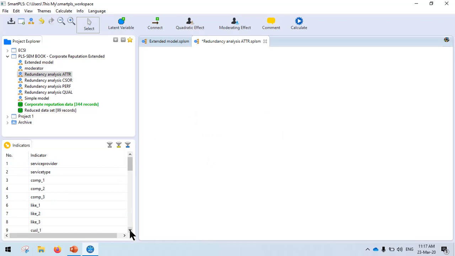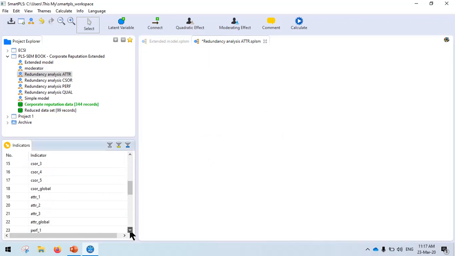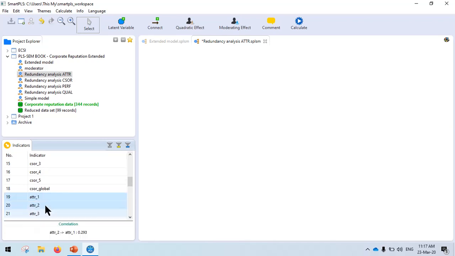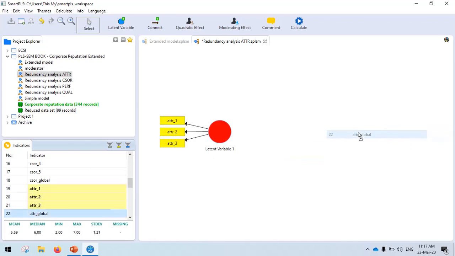So here we have attractiveness, right? Where is it? Okay, yeah. So I have this, right click, this and this, I put it here. Then I will take the global one, I put it here.